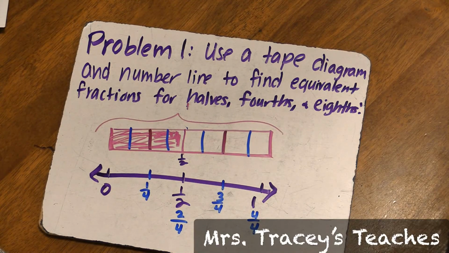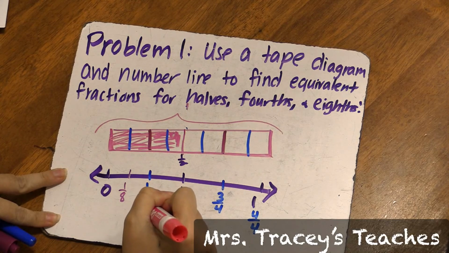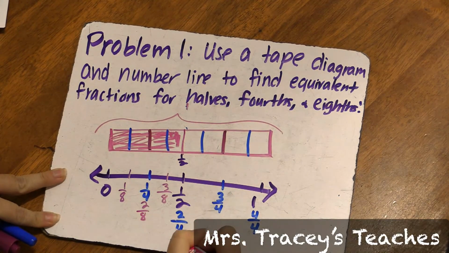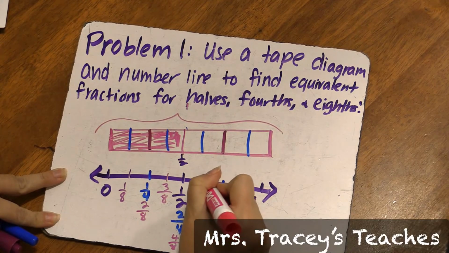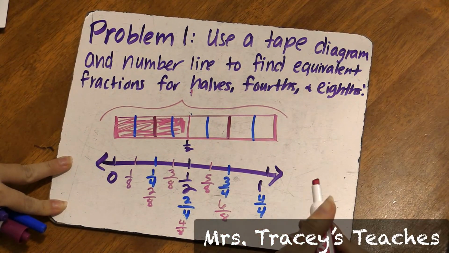Now we are going to decompose the number line into eighths. So I have 1/8, 2 eighths, 3 eighths, 4 eighths, 5 eighths, 6 eighths. What do you think goes right here?